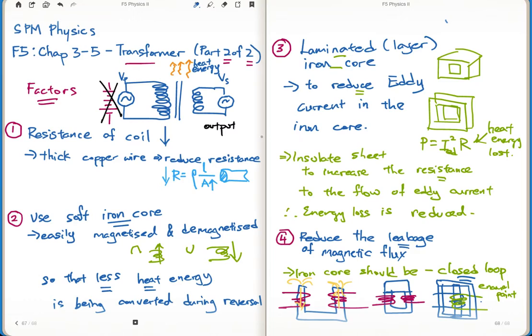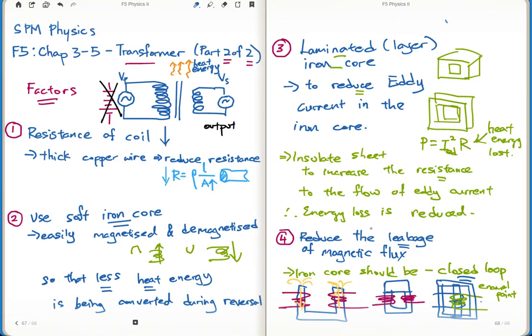Then third, they are also related. You use laminated iron core to reduce eddy current. To do that, you insulate these iron core sheets to increase the resistance. So the flow of eddy current is reduced, and therefore heat energy loss is reduced.